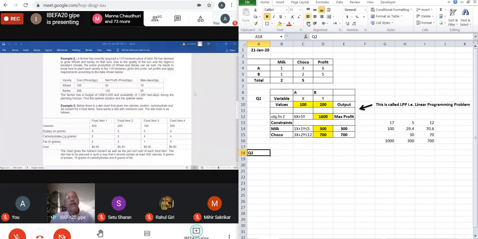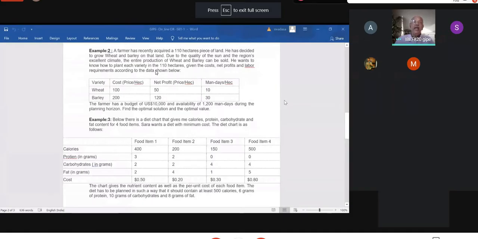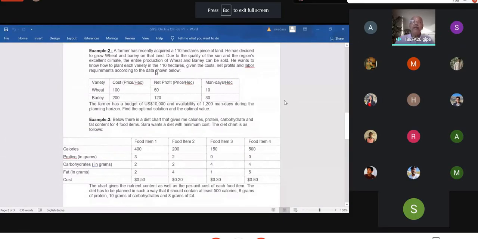A farmer has recently acquired a 110 hectare piece of land. He has decided to grow wheat and barley on that land.